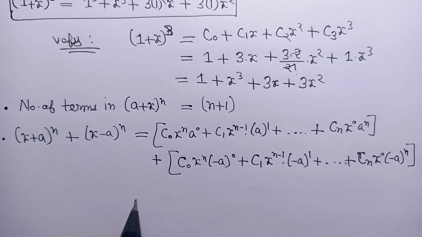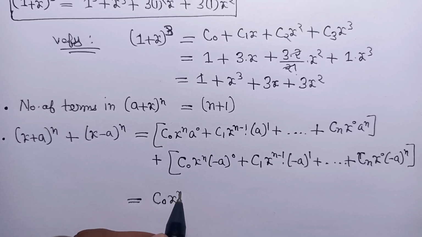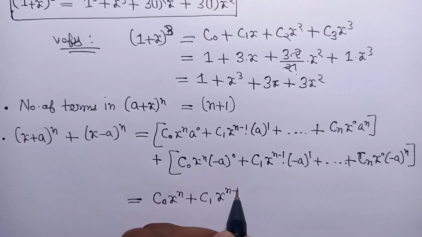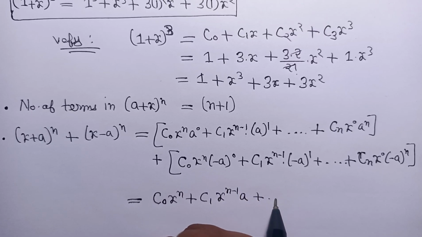Okay, when you do simplification, this will be equal to C0 x^n plus C1 x^(n minus 1) into a plus dot dot dot, and last term Cn a^n.